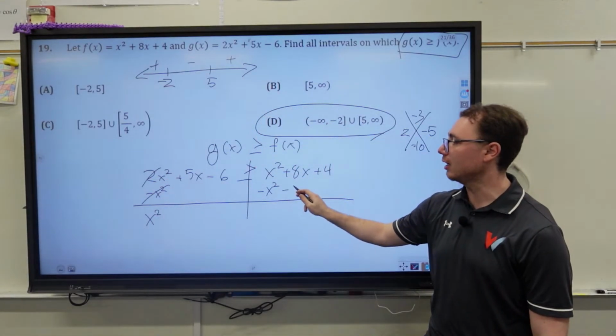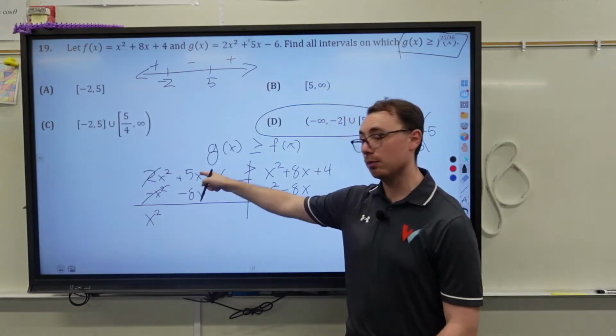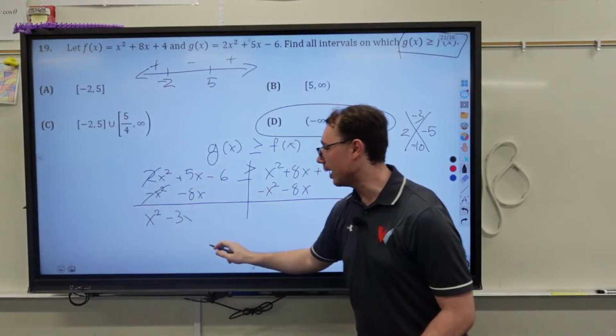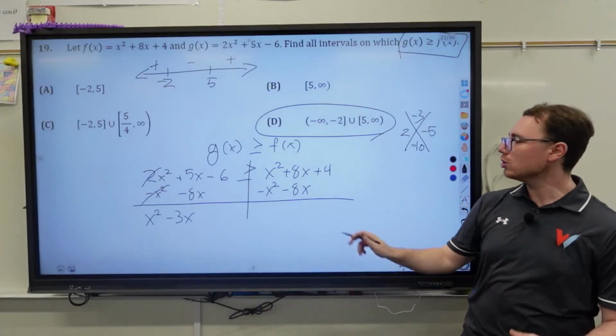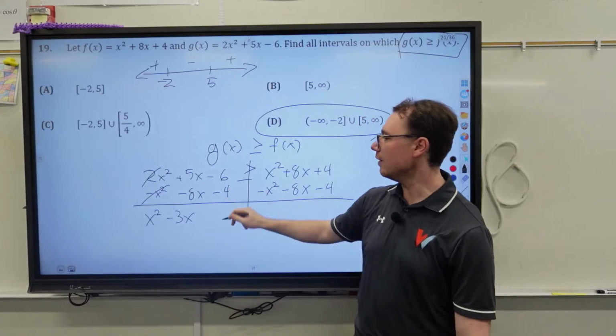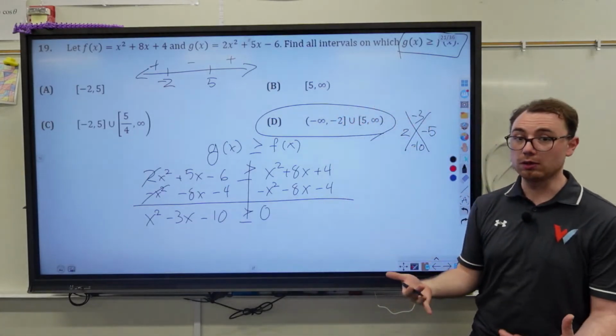Now I can subtract 8x from both sides, where 5x minus 8x gives me negative 3x. And now I can also subtract this 4 from both sides, and I get x squared minus 3x minus 10 is greater than or equal to 0.